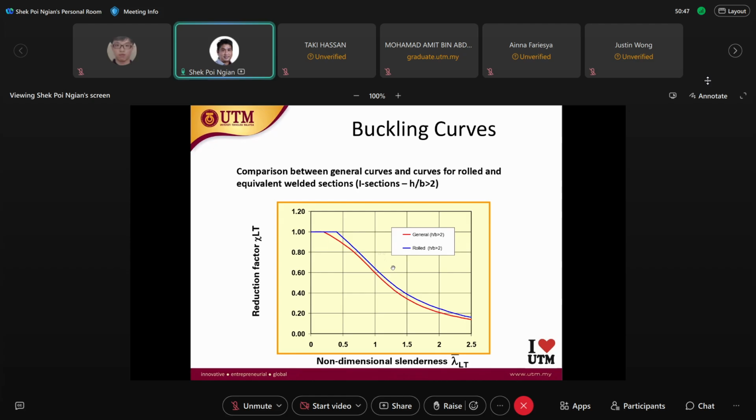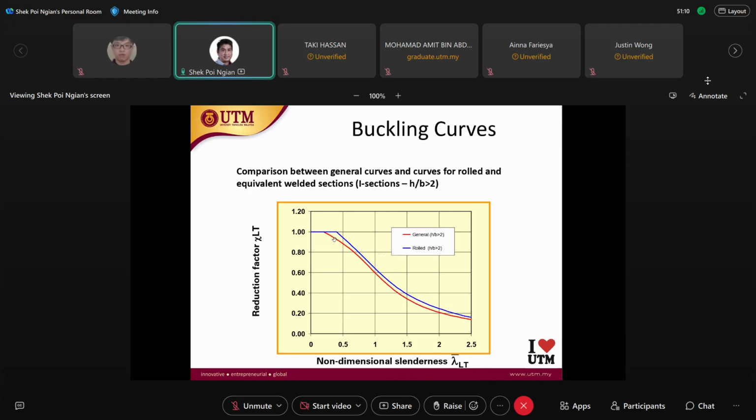Of course, the general case, a simpler case, will give you a more conservative value. So the red line represents the general method. The blue line represents the rolled or equivalent welded section case.